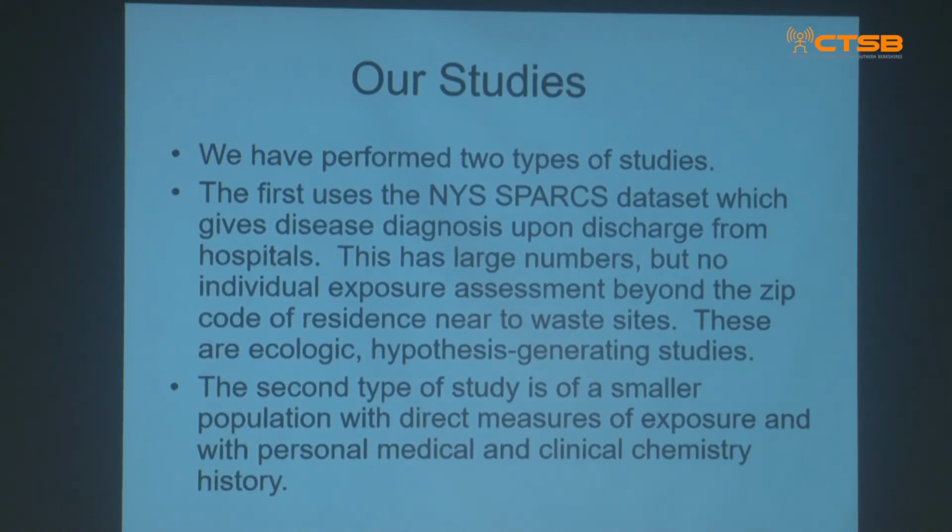So if you break your leg, but you have high blood pressure and diabetes and a pimple on your nose, all of that information is put in that database. And we've used that database to determine the relative rates of hospitalization for different diseases based on where people live.